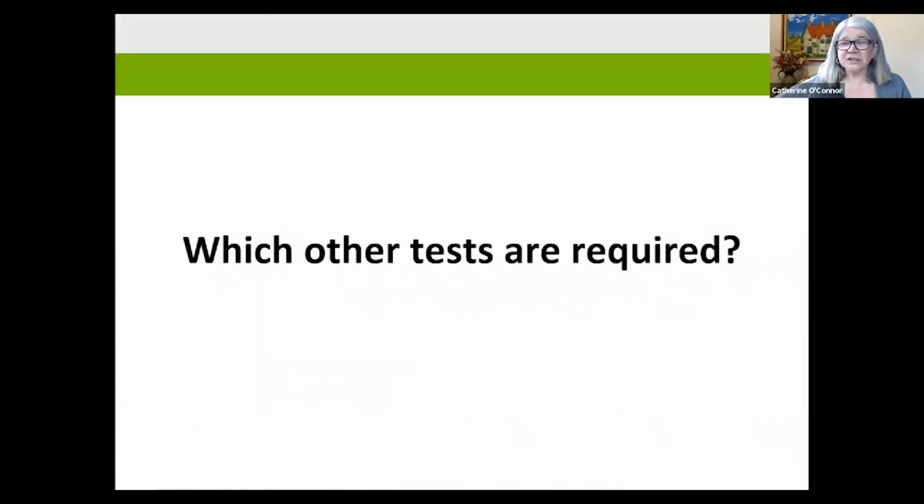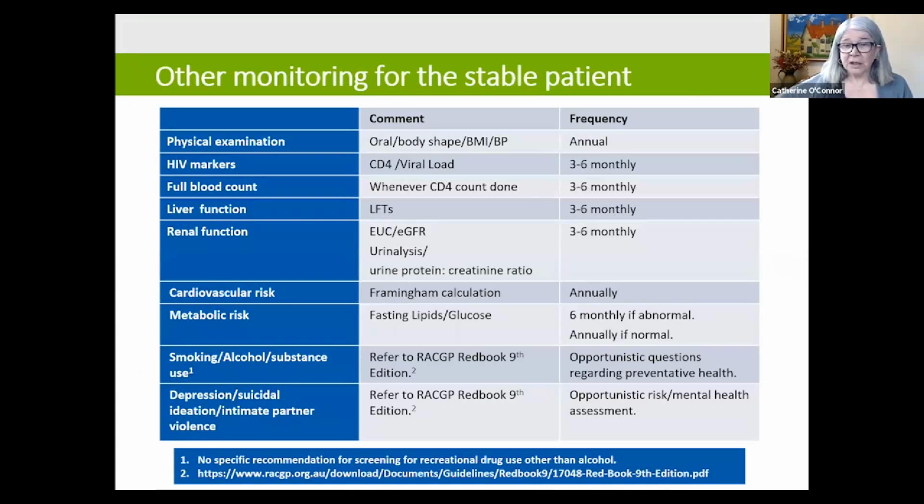So what other tests do we require when we're monitoring our patients? If we're monitoring a stable patient, we need to annually do a physical examination. Cardiovascular issues are very important in people with HIV, as well as looking at their CD4 and viral load every 3 to 6 months.